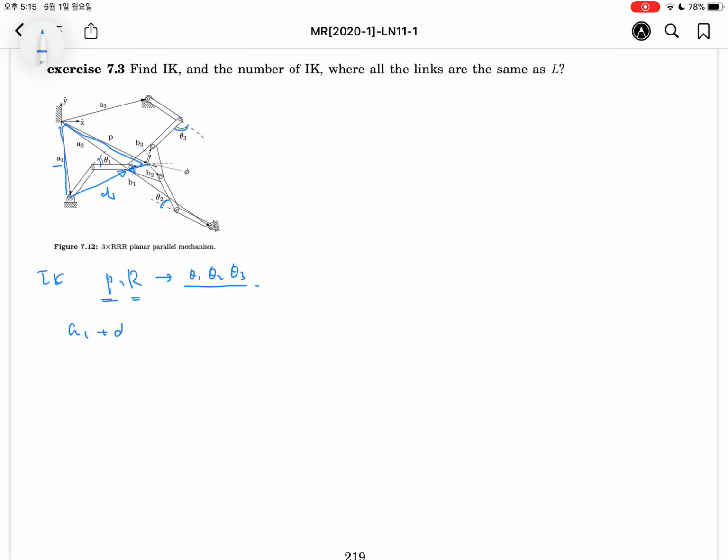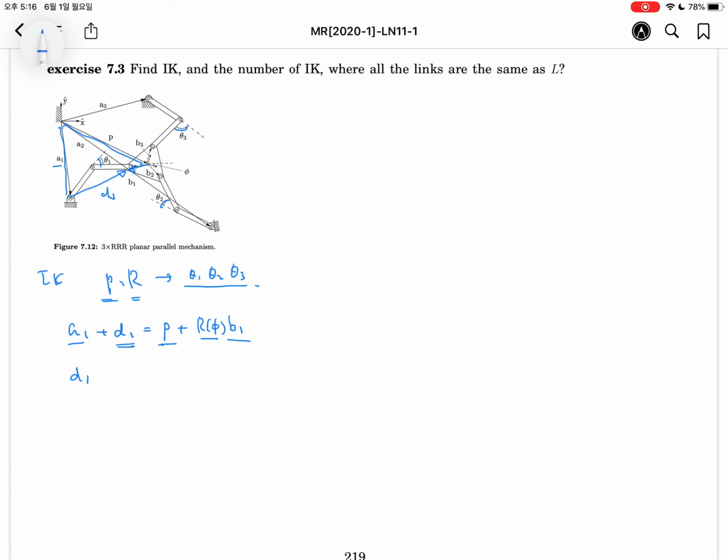So the A1 vector plus D1 vector will be equal to P plus B1, but B1 is expressed in the body frame, so the rotation matrix should be multiplied in advance. A is given, P is given, B1 is given, R is given. Only the D1 vector we don't know.